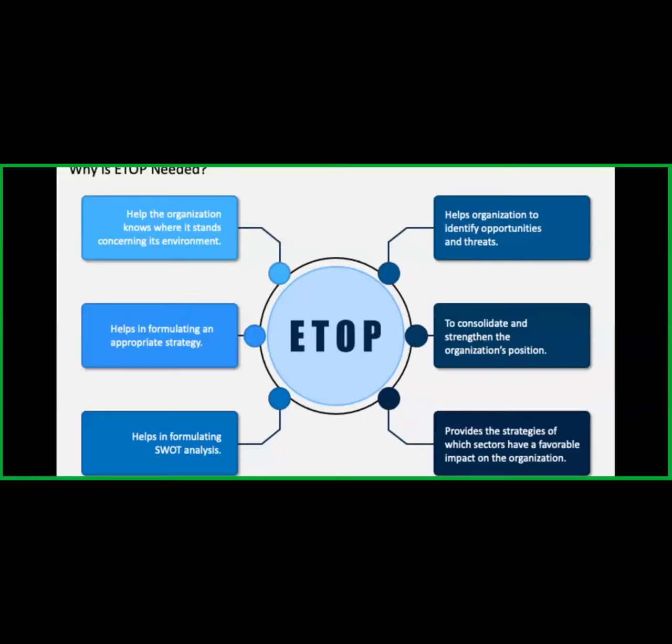Yesterday only, I had given you an example of why India waited around 6 months before getting into war with Pakistan. The reason was, if we want to implement ETOP, at that particular time the Indian Army wanted to analyze the external environment.